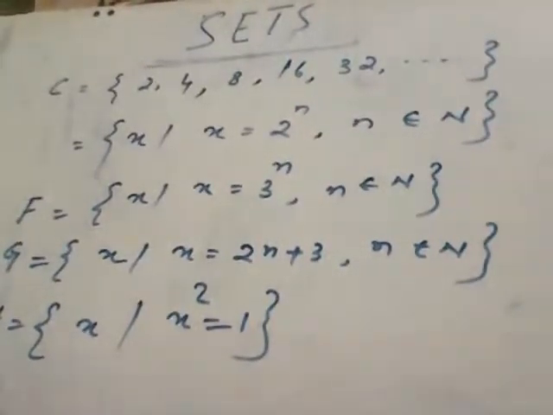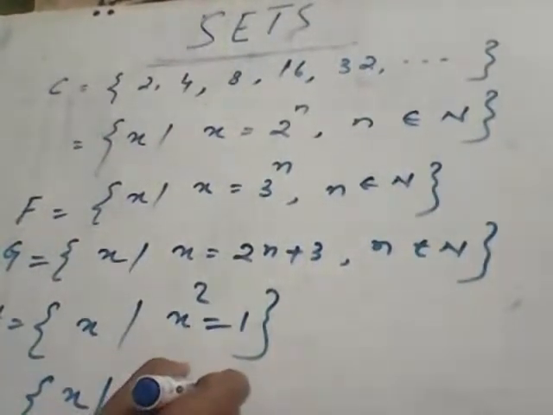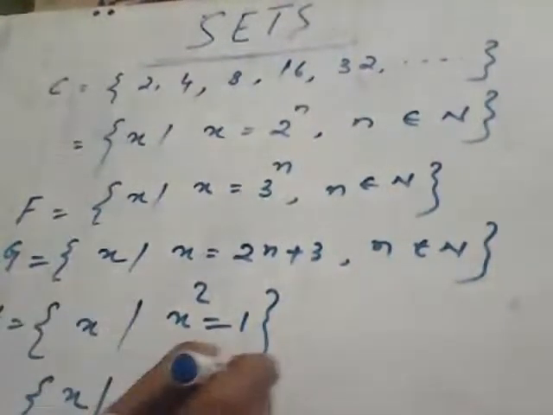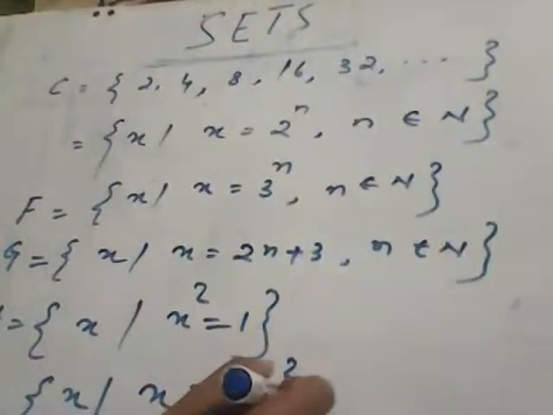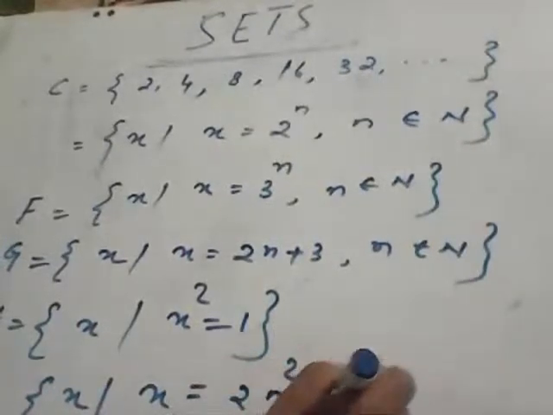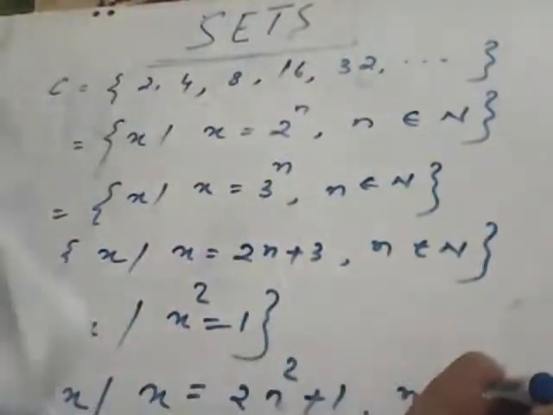I, another set: x such that x equal to 2n square plus 1, n belongs to N, and n is less than or equal to 5.